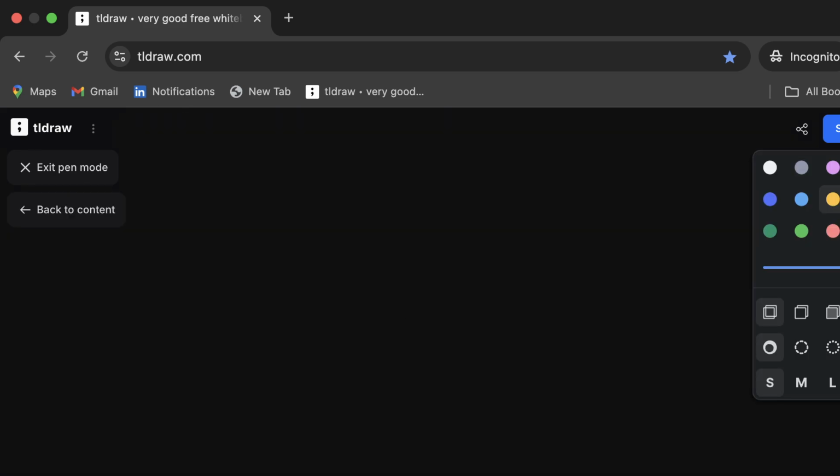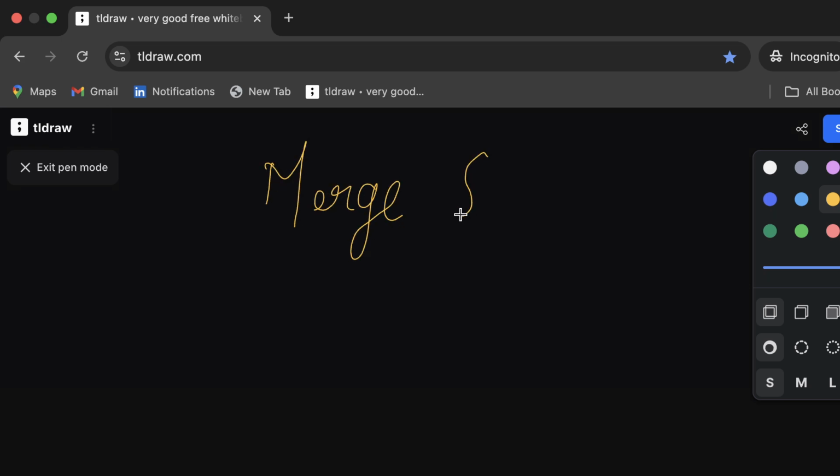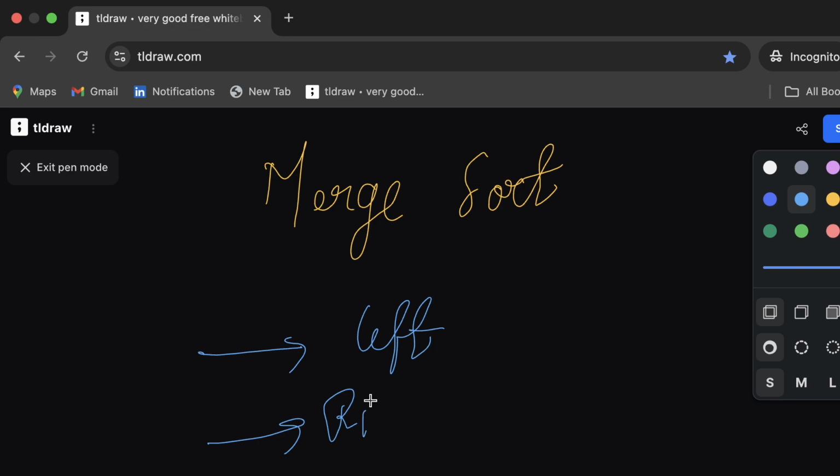Say if this is 7, merge sort. So if this is my merge sort, either I may go to my left or to the right. No, here there is no or. It will be both.